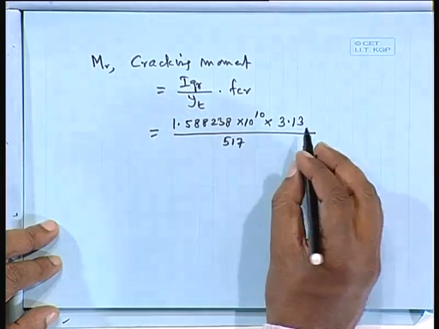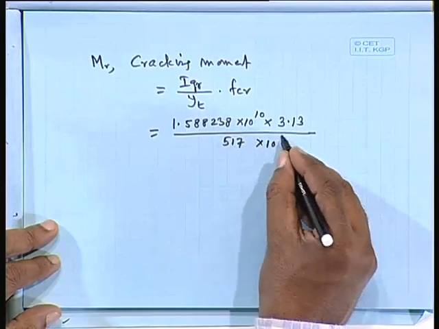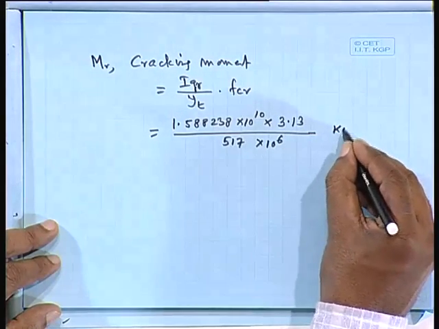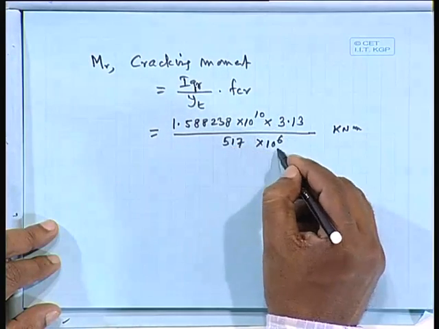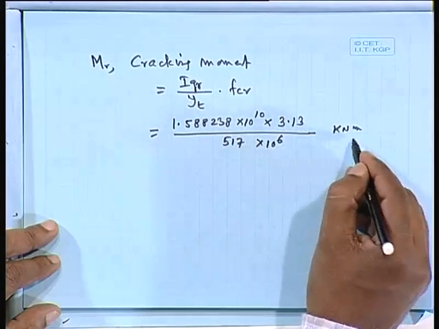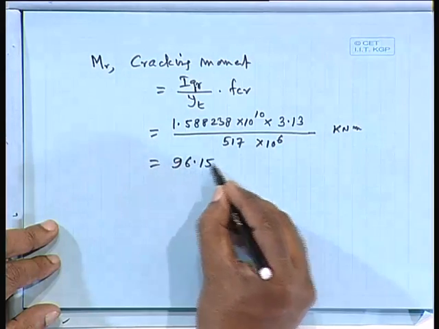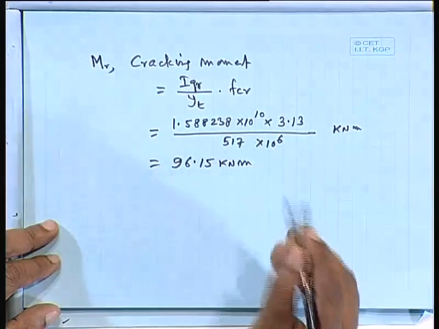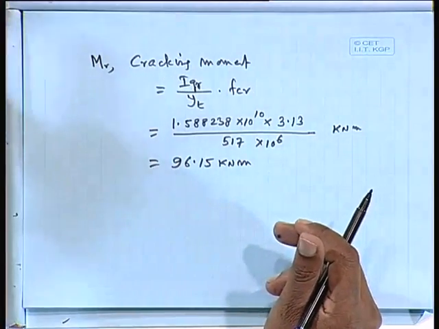Everything was in Newton millimeters, so dividing by 10 to the power 6 will give me kilonewton meter, and which comes as 96.15 kilonewton meter. So, this is your cracking moment, we have got it.